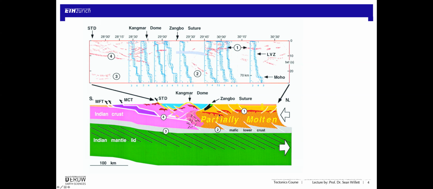Now, what does that mean mechanically? Well, we have our underthrusting and our wedge being formed out here, but as this Indian crust becomes deeper and deeper, the detachment is going to shift from brittle to ductile deformation as the temperature goes up. And in fact, here the temperature must be going up enormously because of this partial melting that's evident in here.